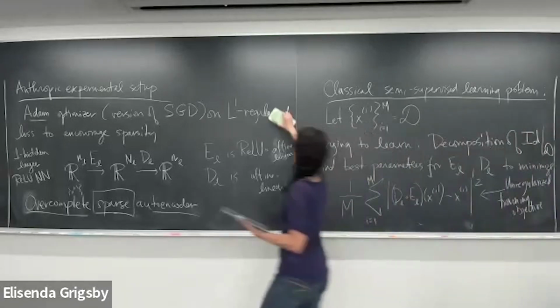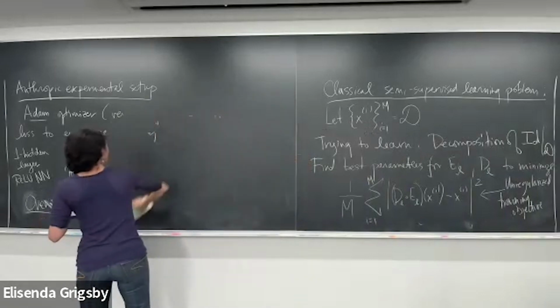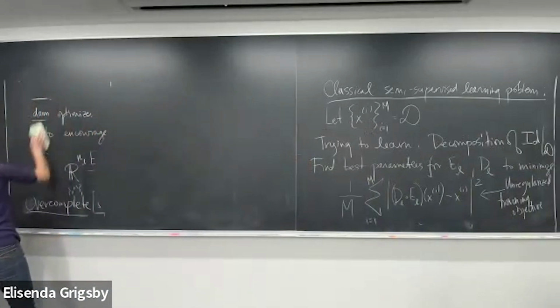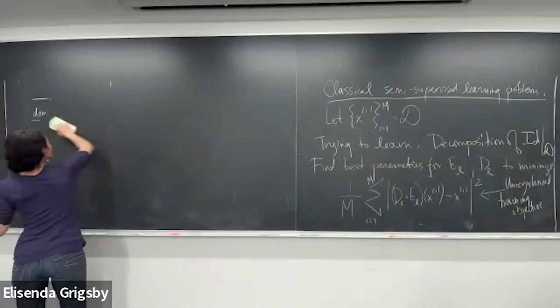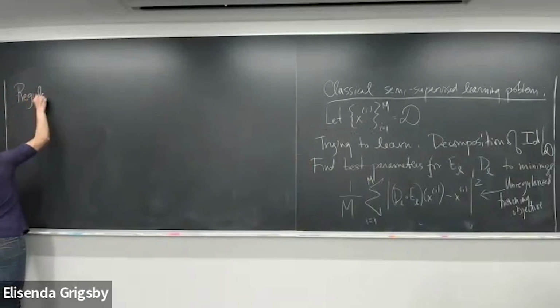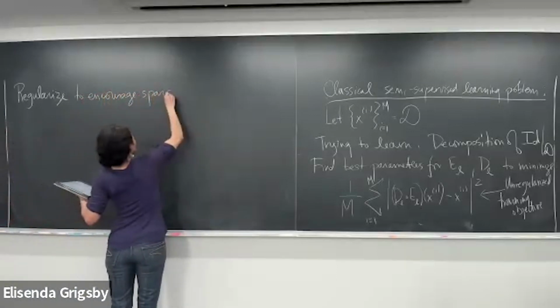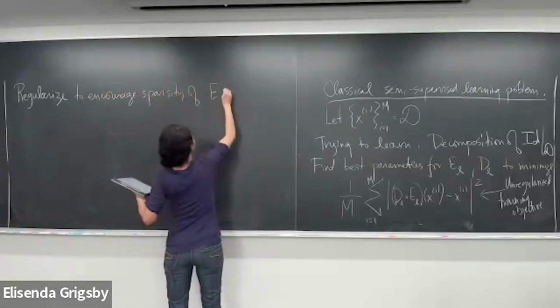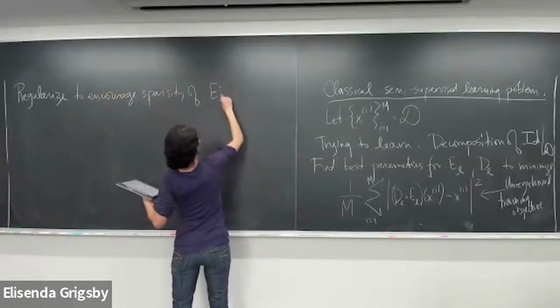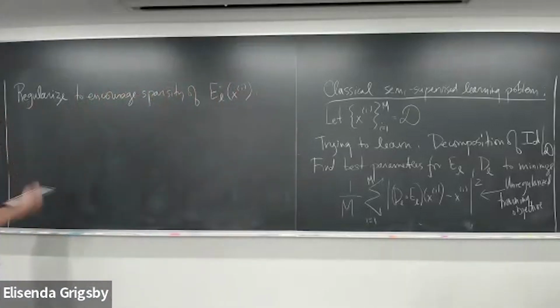So I'll just write down: regularize to encourage sparsity of the lifted, of the encoded map in this higher dimensional space. So you regularize to encourage sparsity of this.